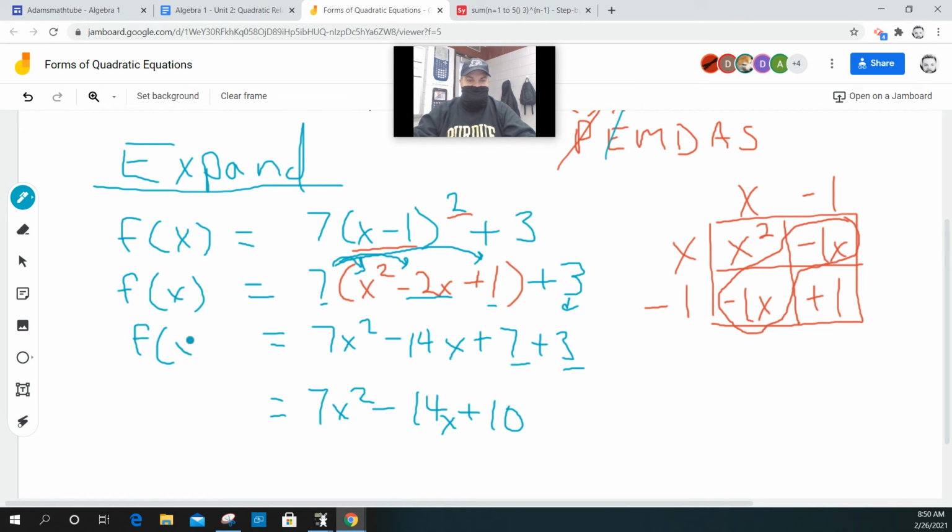So are these the same functions? Mathematically, yes. This is the exact same as 7 times x minus 1 squared plus 3. This is what we call the standard form.